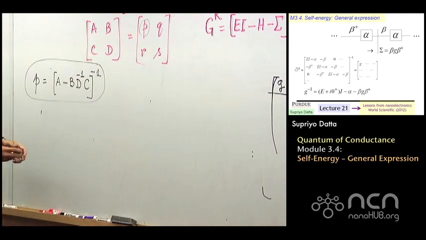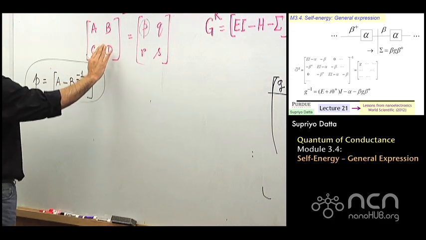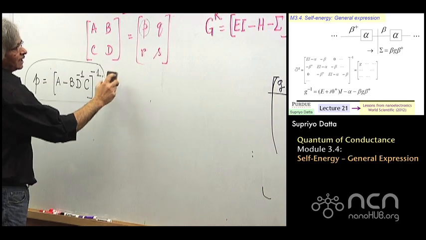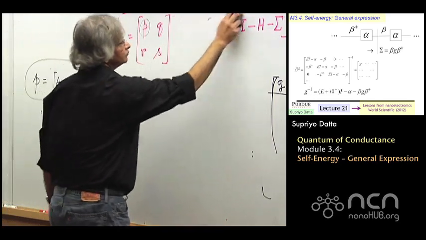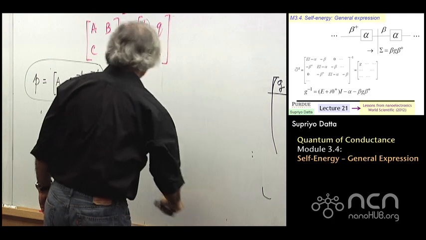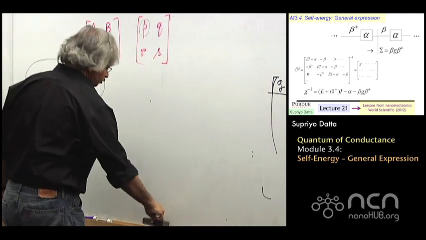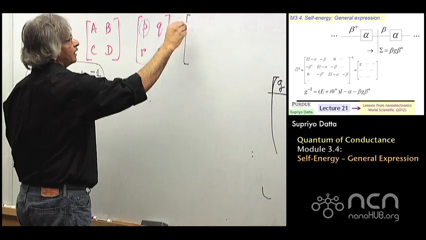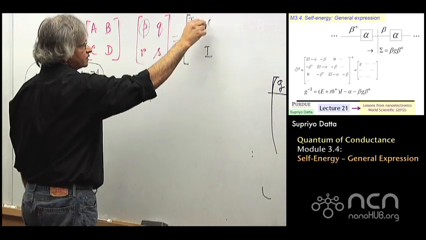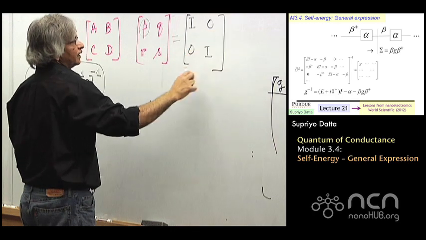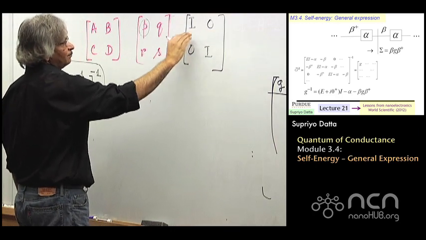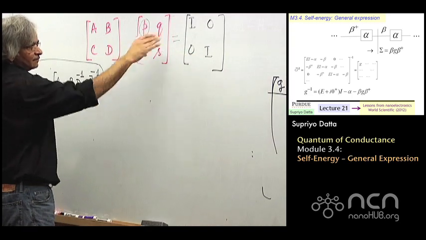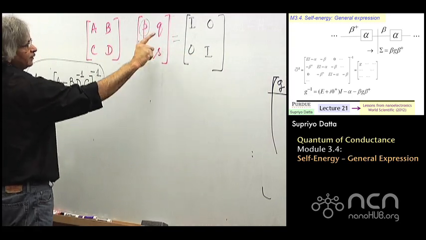Now the way you can show this is, if this is the inverse of that, it means when I multiply the two, since one is the inverse of the other, I should get identity, identity, 0, 0. In principle, these are not the same identity because this one is the same size as A, and that one is the same size as D. But I won't worry about those little things.